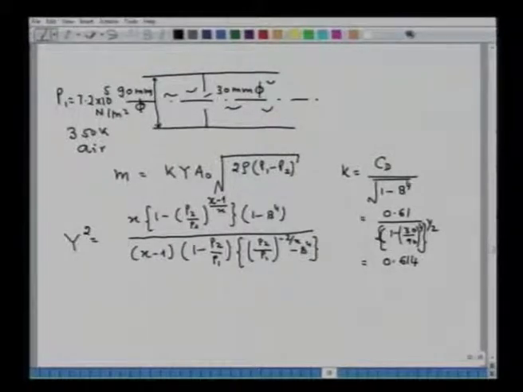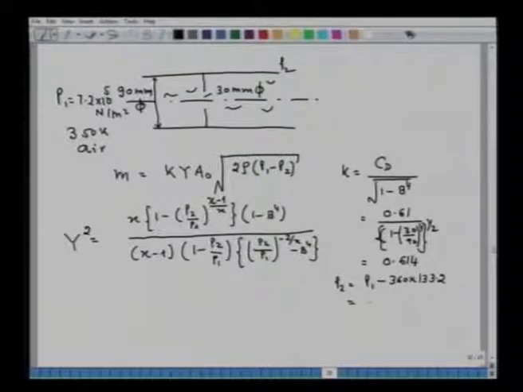Now, P1 we have to find out this way. P1 is given as 7.2 into 10 to the power 5 Newton per meter square, and P2 is somewhere at the exit. So, P2 will be equal to P1 minus the pressure differential, which is 360 millimeter mercury, multiplied by the conversion factor into Newton per meter square.